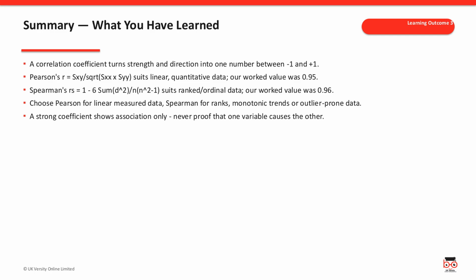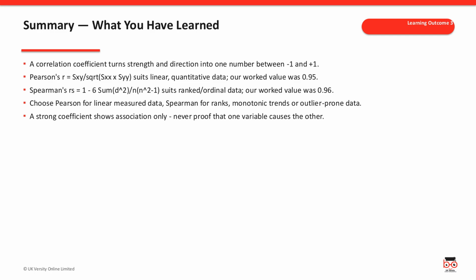Let's gather it up. A correlation coefficient turns strength and direction into one number between -1 and +1. Pearson's r, Sxy over the square root of Sxx times Syy, suits linear quantitative data, and our worked value was 0.95.